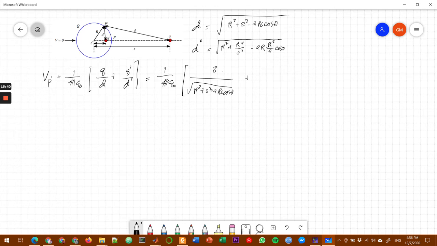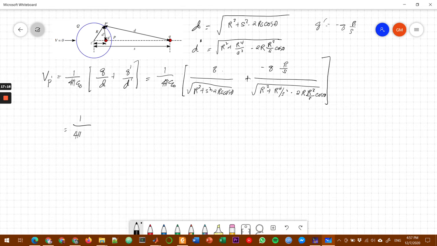Then I have plus, so your q prime. What is our q prime? It's negative q r over s. Then we can simplify that. This is still q over the square root of this.